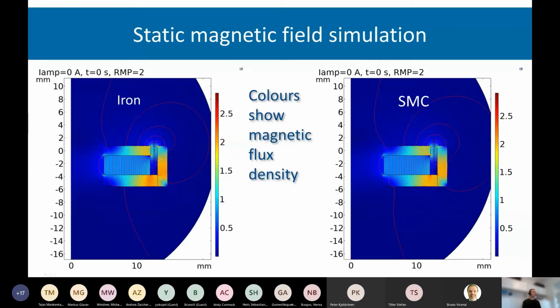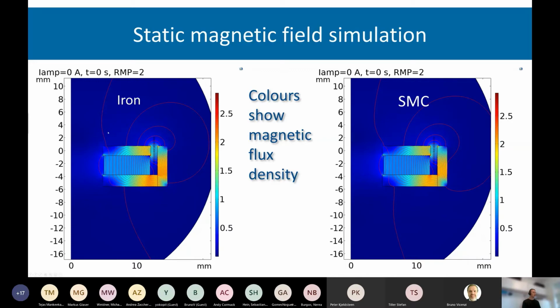Now, we also made a static simulation in axial symmetry to see what actually happens in a cross-sectional area. Here you have the magnet magnetizing, and the flux crosses the air gap and gets back to the magnet, and this is where the coil is located. The axis of symmetry is here at 0.